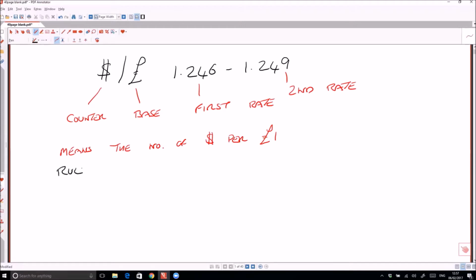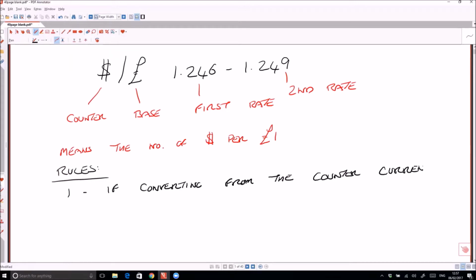Here, what are the first two? These are all about whether to multiply or to divide. What would I say? If converting from the counter currency, therefore, we divide.